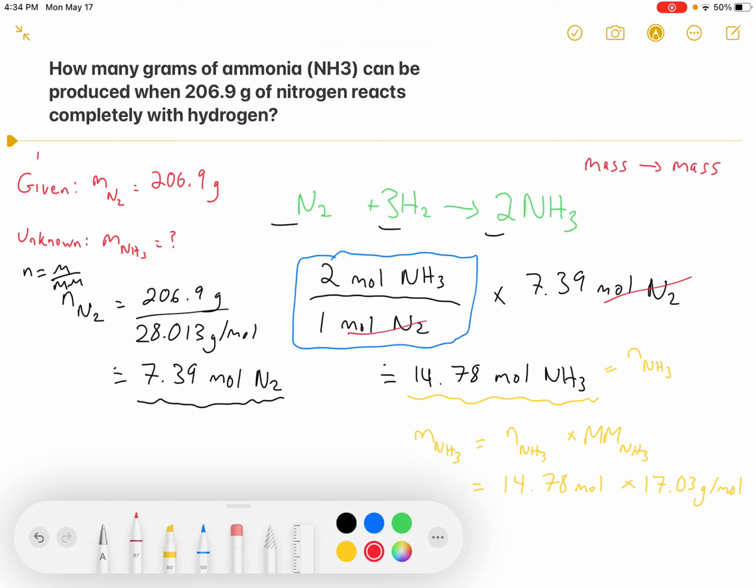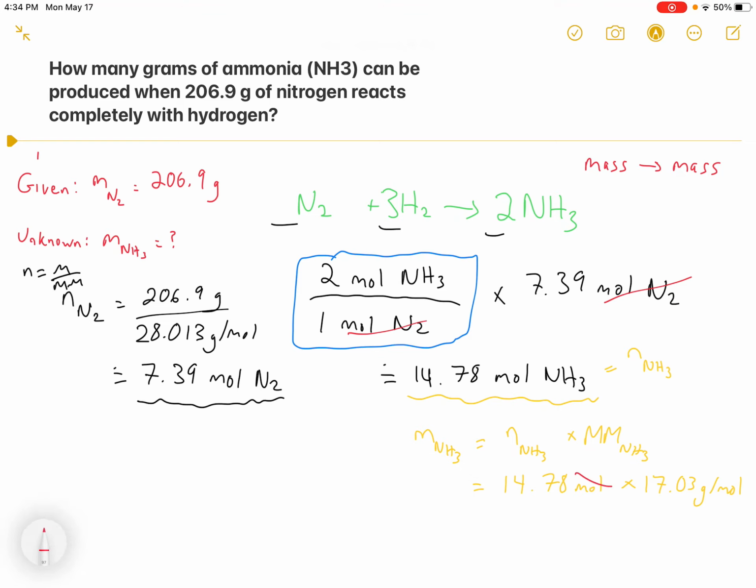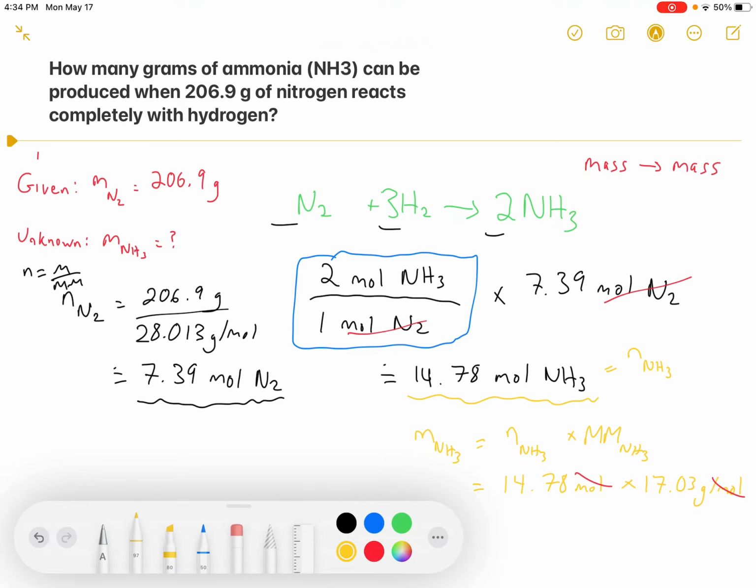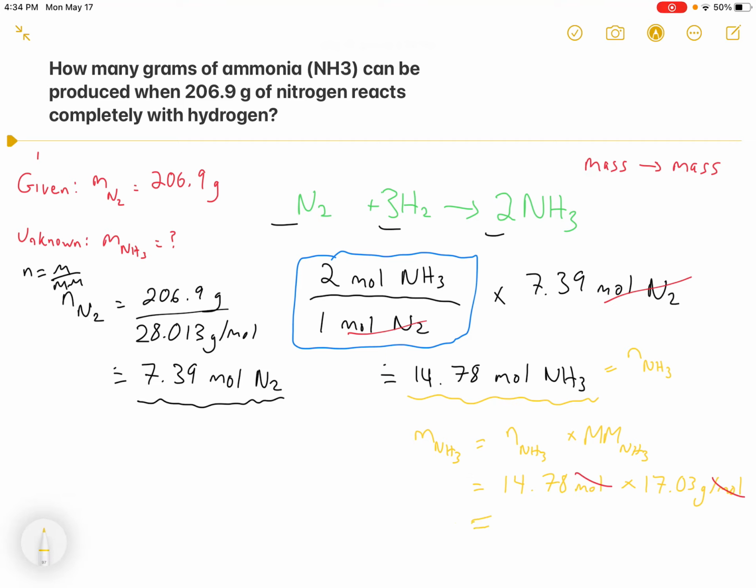I know that we're going to end up with a final unit in grams because the moles in our units cancel out. What we're left with, as an approximate value, is 251.71 grams of ammonia.